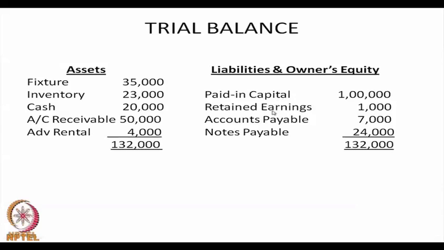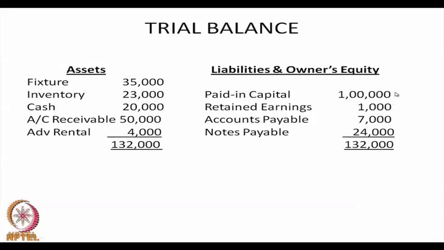and these 4 are our liabilities and owner's equity. Of this, the owner's equity are actually these 2. This is the amount that he had paid in the beginning of April, and in April the retained earning was 1000 rupees.